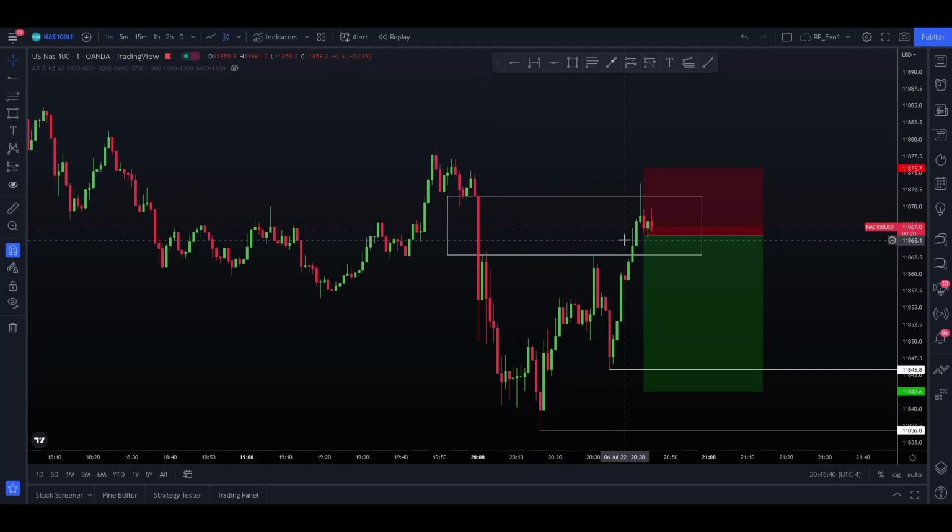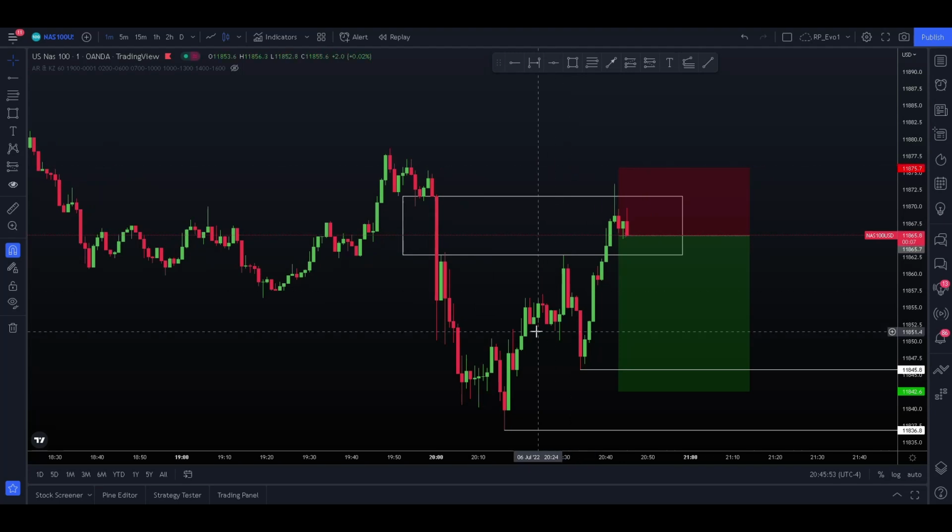And price is just retracing, giving us an opportunity to go short again. You can honestly consider these two lows here as your relative equal lows too, because this is a swing low and this is a swing low.